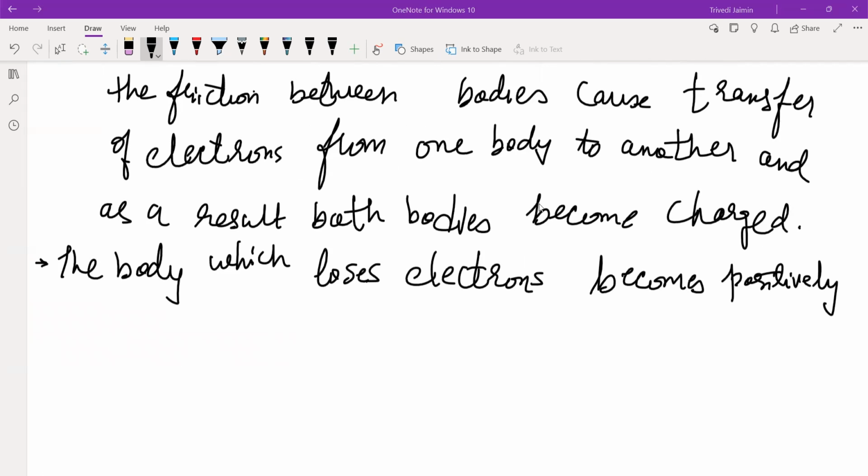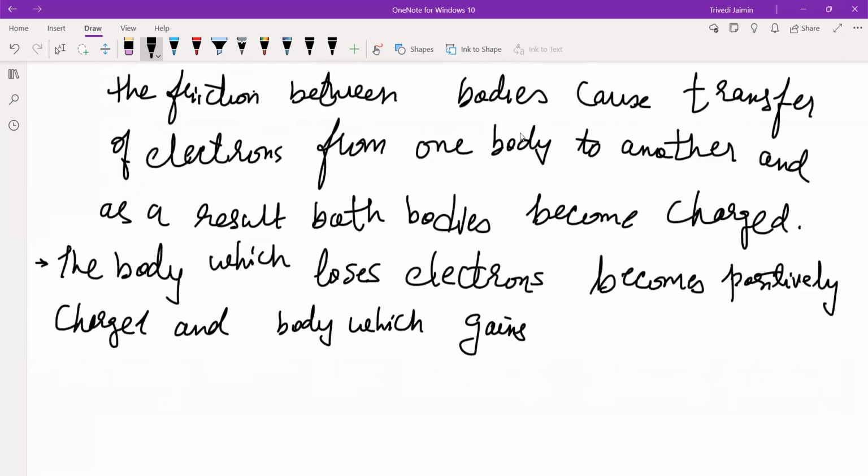Very good. The body which loses electrons becomes positively charged, and the body which gains electrons becomes negatively charged.